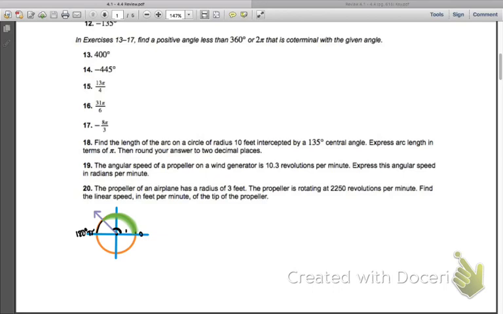What would be the easiest way to do this? If it's 135, and 180 goes to that part, what portion is right here?